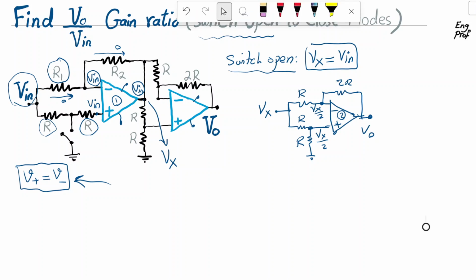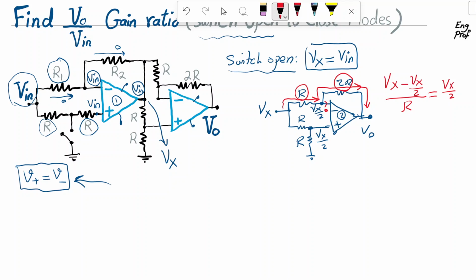The current that passes through this resistor should be the same current that passes through this resistor going to the output, because nothing can go into the input terminal of an ideal op amp, because it has infinite impedance. So if I write that KCL, it becomes Vx minus Vx over 2, the current that goes through this R, divided by R, should be the same as the current that goes through 2R, which is Vx over 2 minus Vout divided by 2R.